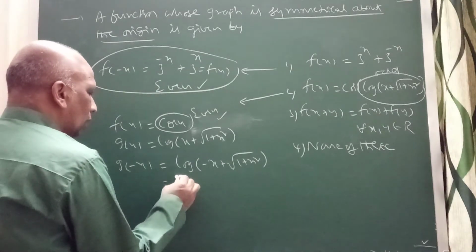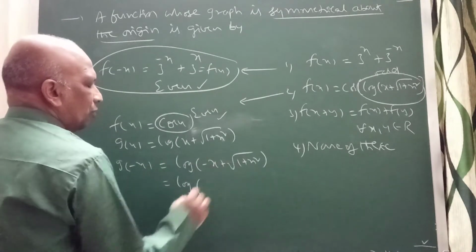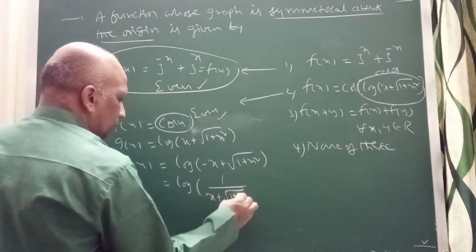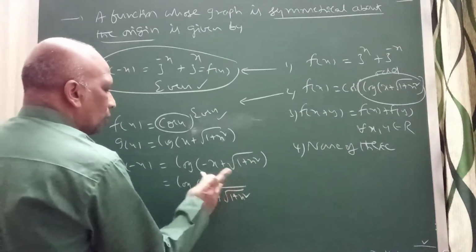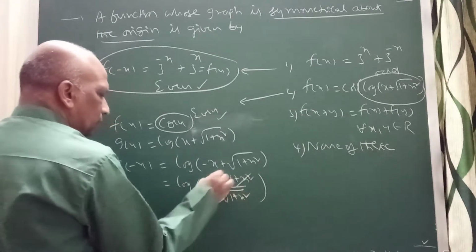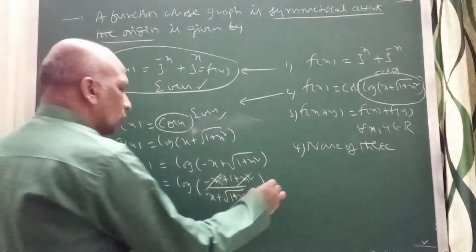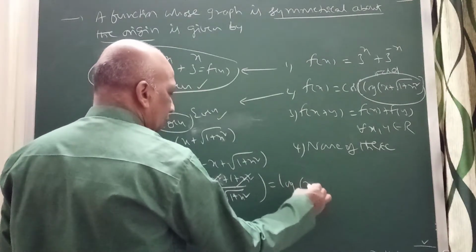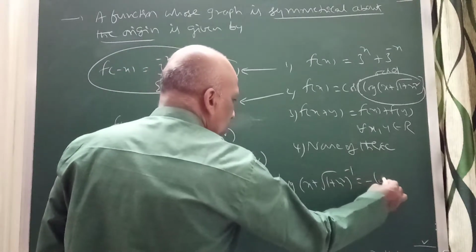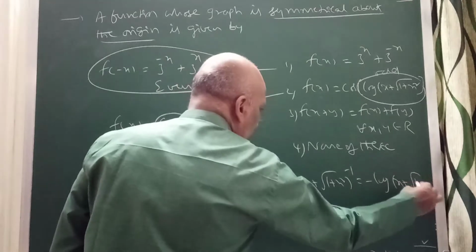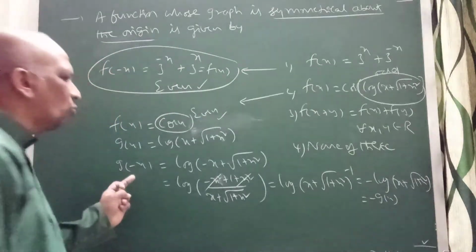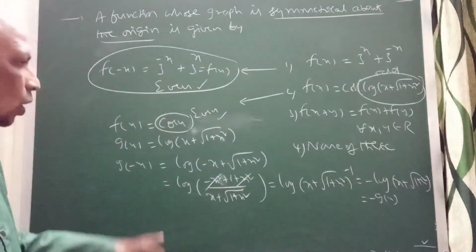If you rationalize this, it becomes log of 1 by x plus root of 1 plus x square, which is log of x plus root of 1 plus x square whole power minus 1. So minus of log of x plus root of 1 plus x square, which is minus g of x. So g of minus x equals minus g of x, and clearly g is an odd function.